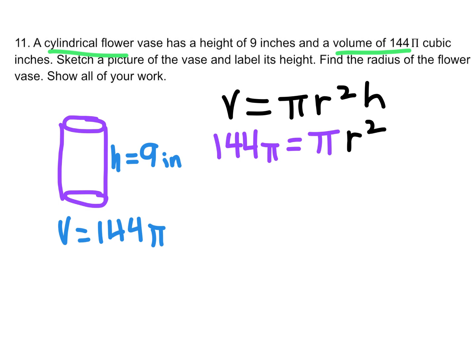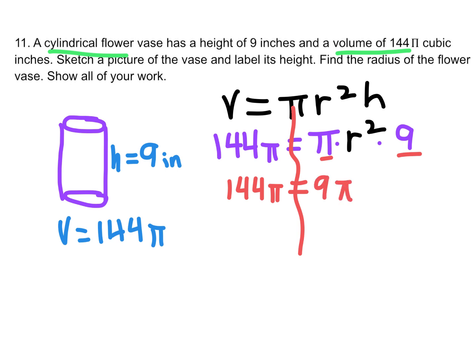And then, of course, I know that the height is 9. Okay. So let's simplify over here. So 9 and pi is over here. So I'm going to go 144 pi equals 9 pi times r squared.